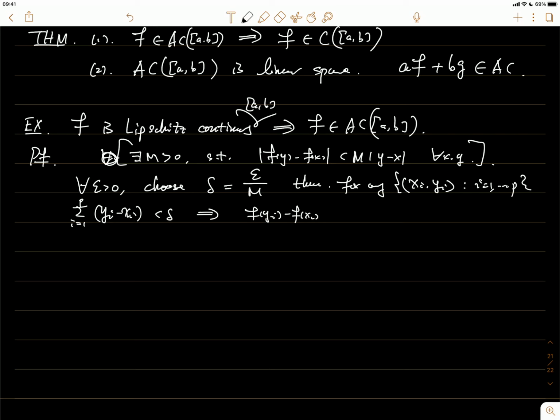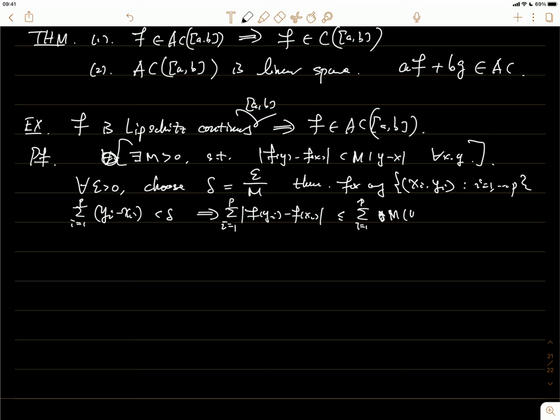we want to show that this is less than epsilon. But because the function is Lipschitz, each one of these is less than m times yi minus xi.